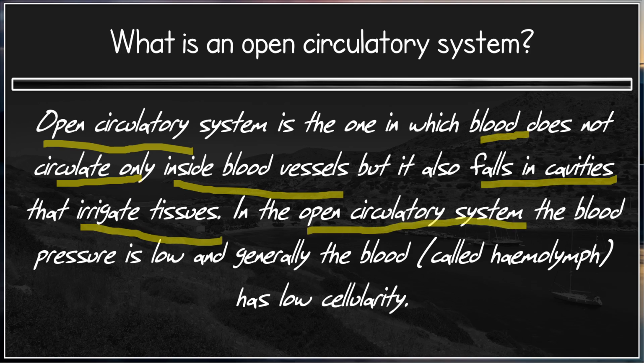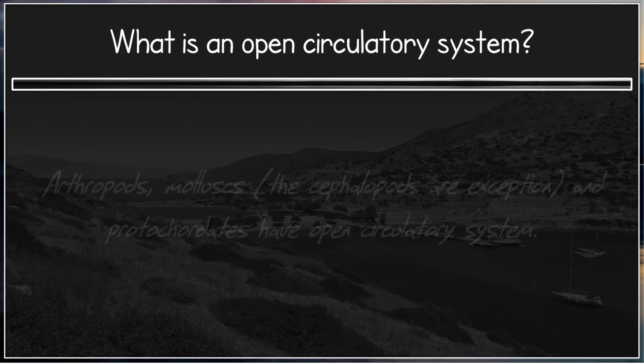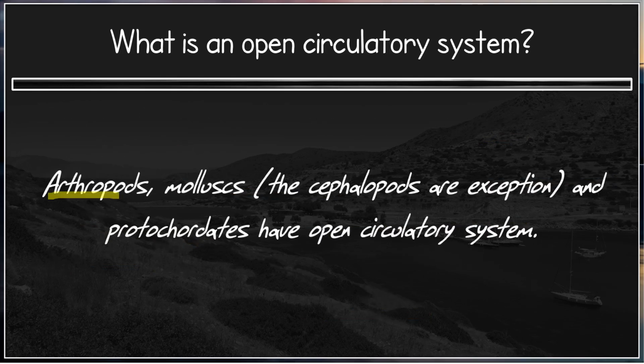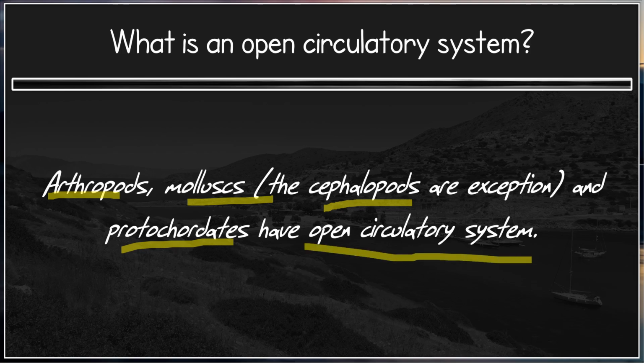In the open circulatory system, blood pressure is low, and generally the blood has low cellularity. Arthropods and mollusks, except the cephalopods, and protochordates have an open circulatory system.